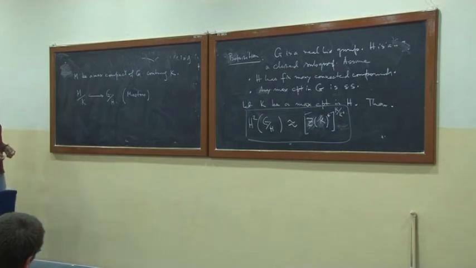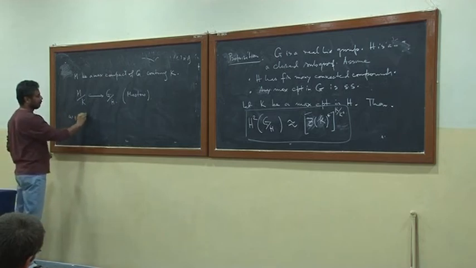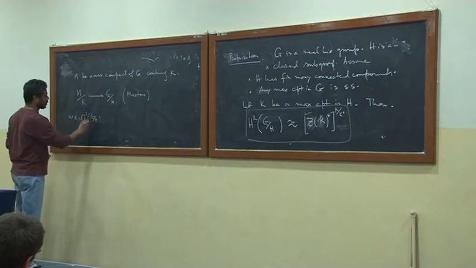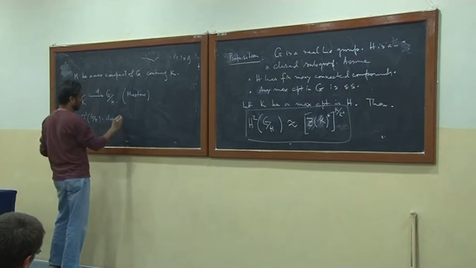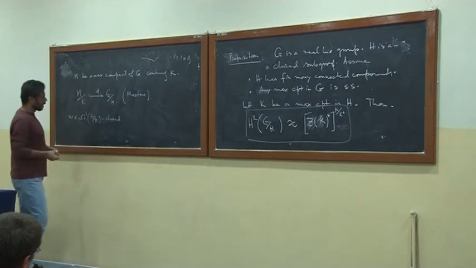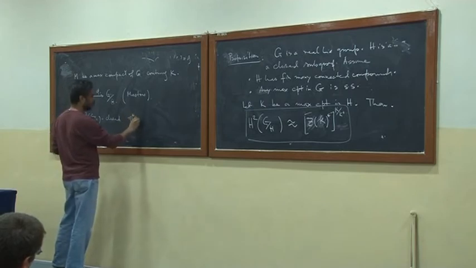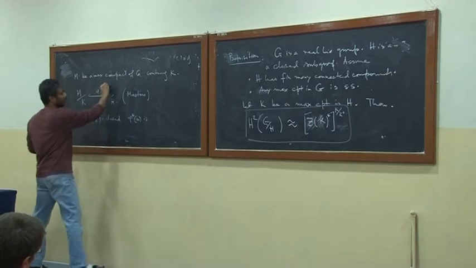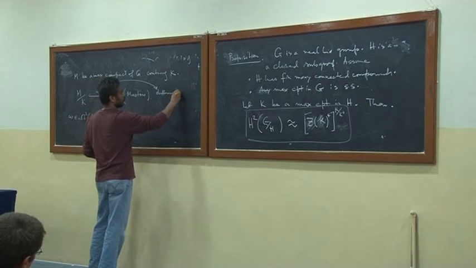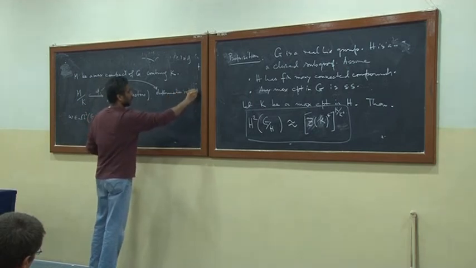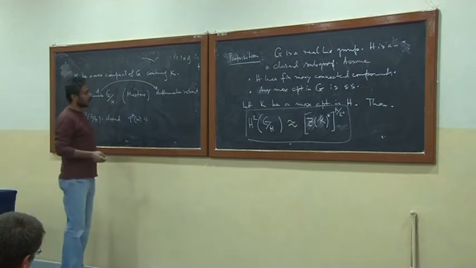So let's call this map P. If I have a closed form omega in G mod H, then phi star omega is closed. This is a bundle over this, and the fibers are retractable, so it is a retract.